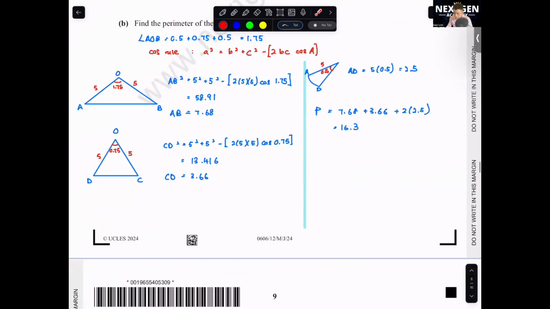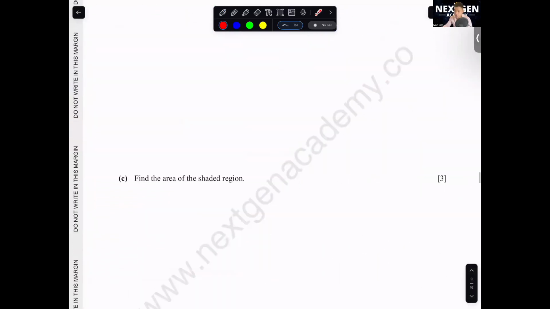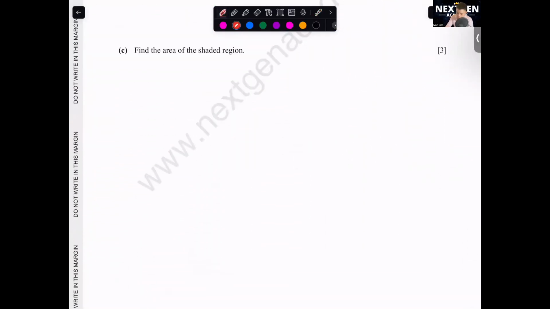Do y'all know what is the formula of a segment? There's actually a shortcut formula for it. A segment is this part here. I want you to write this down. Area of segment equals area of sector minus area of triangle.